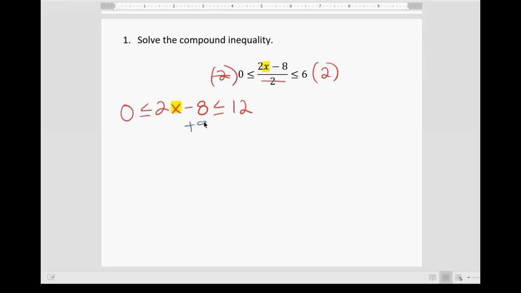We're going to then add 8. That would cancel out, but I have to do it everywhere. So I'm going to add 8 on the right and add 8 on the left. So now 0 plus 8 is 8, is less than or equal to 2x, which is less than or equal to 12 plus 8, which is 20. Okay?